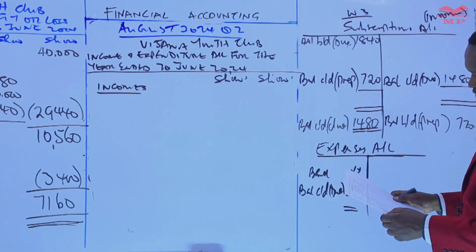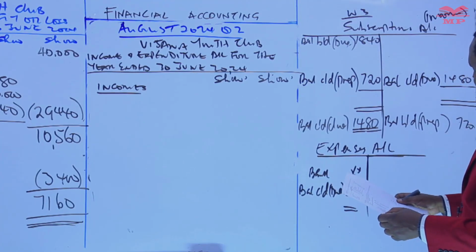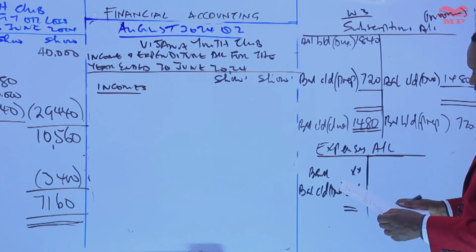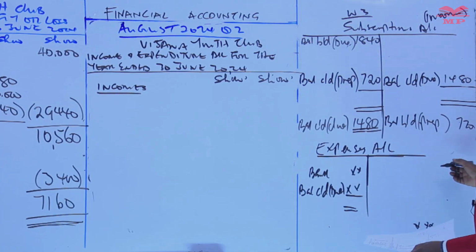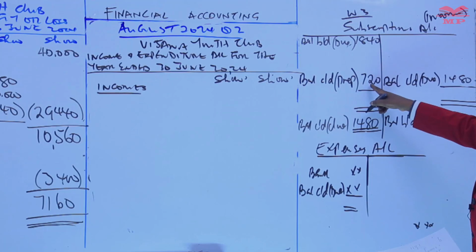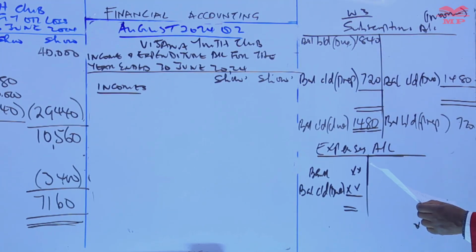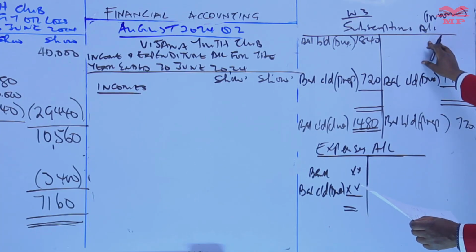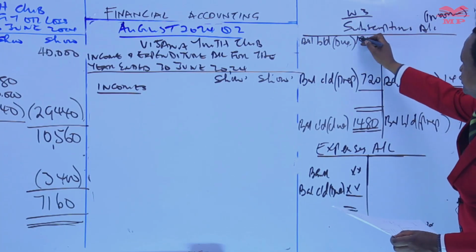Then subscriptions in advance at the end. We saw at the end is 720. So we are doing at the beginning. So due at the beginning, we debit.